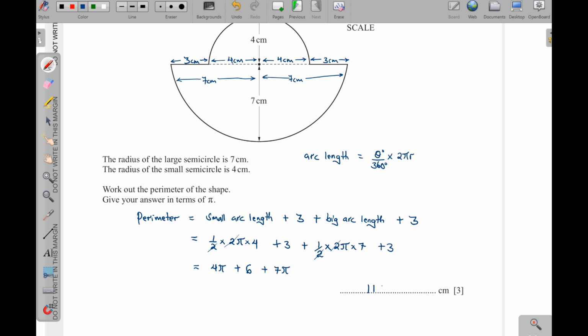That will be 11 pi, then plus the 6 here. So they said we write our answer in terms of pi, so pi must remain there. Don't say 11 then times the 3.14, because you know that pi, its estimate is 3.14. Just leave your pi in the answer.